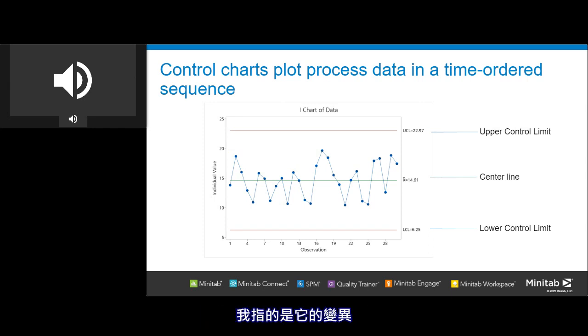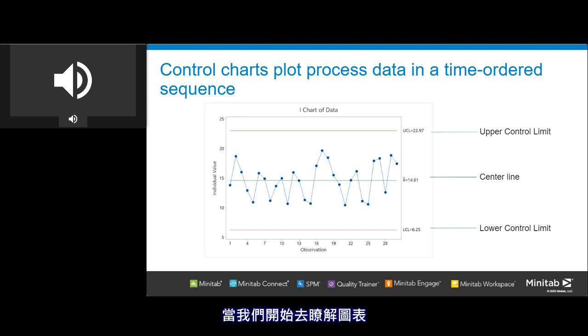I mean just the variation that we tend to see from day to day over the course of a process. There's some statistical background behind these lines, but what's important to understand from a practical standpoint is that this is the variation I would expect to see within a process that's behaving stable over time.